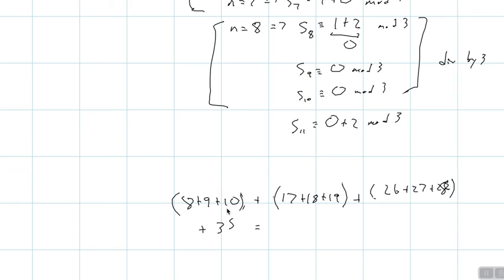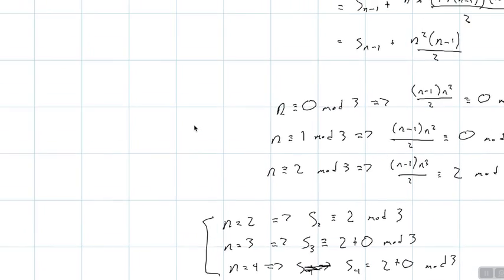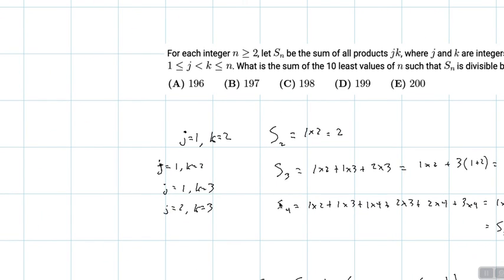So these are the least values of n. We add all these up. It comes out to 27 plus 54 plus 81 plus 35. That sum is 197, which is our answer. So the answer is choice B.